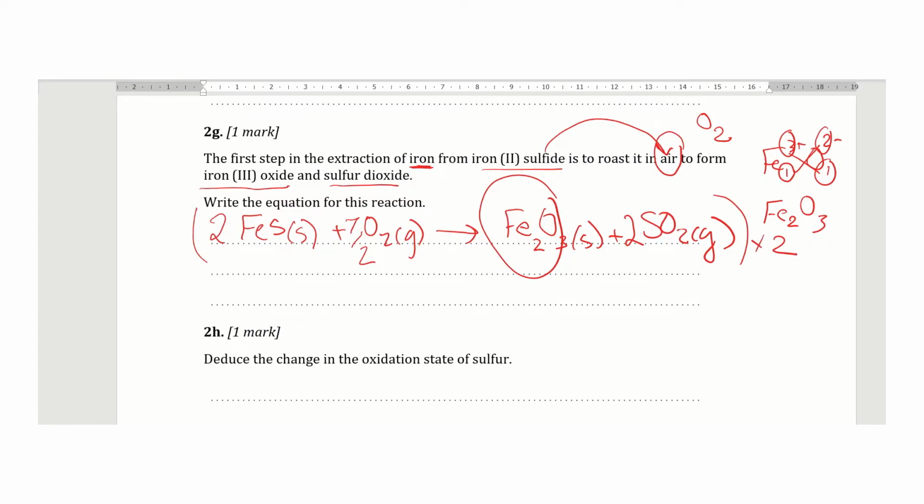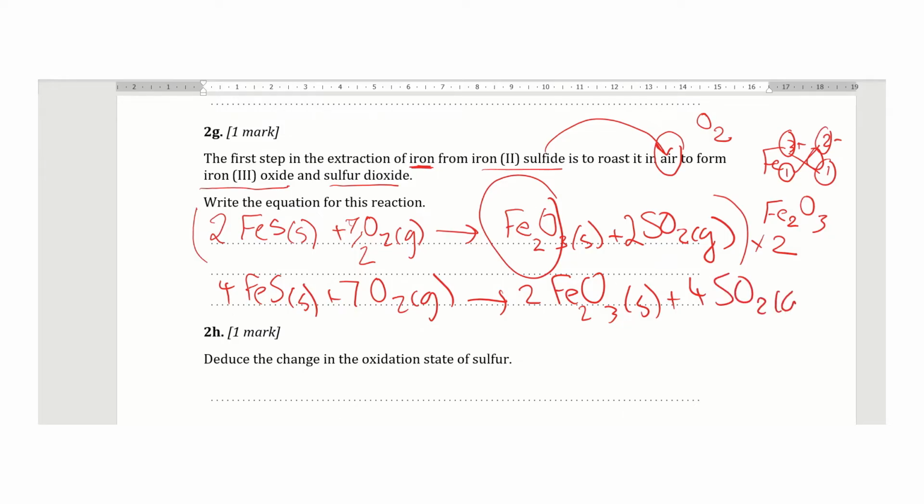So then 2 times 2 gives me 4 FeS, solid. And then 7 over 2 times 2 gets rid of the 2, so that gives me 7 oxygen atoms to give me 2 iron 3 oxide plus 4 sulfur dioxide molecules.